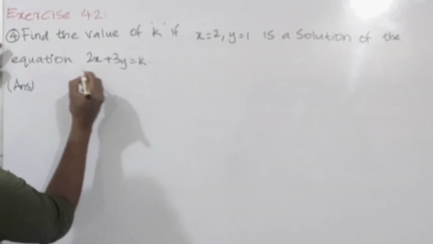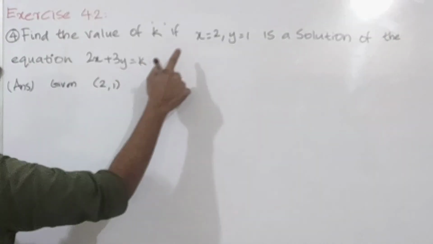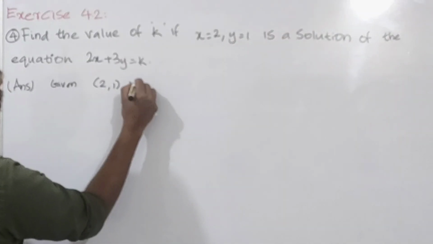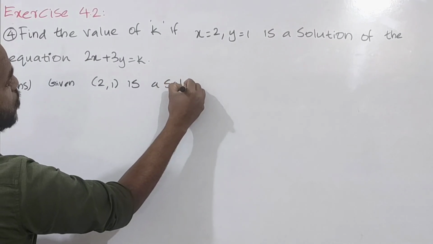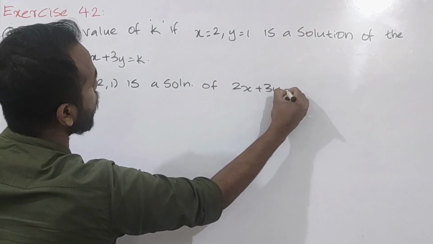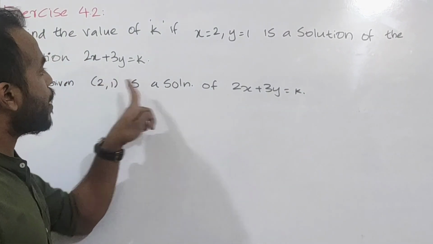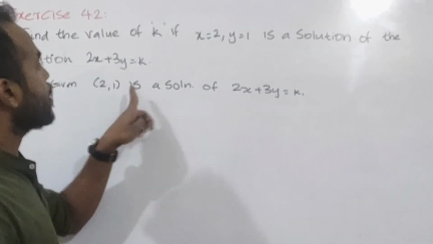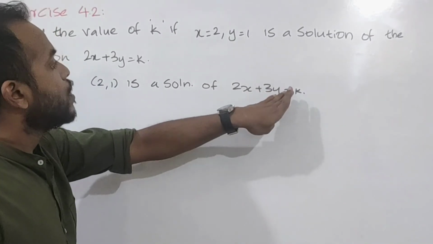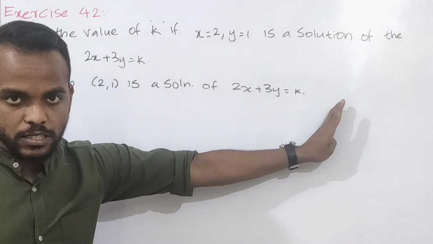Thus, if we substitute x is equal to 2 and y is equal to 1, then you will have the value in the LHS equal to the value in the RHS.